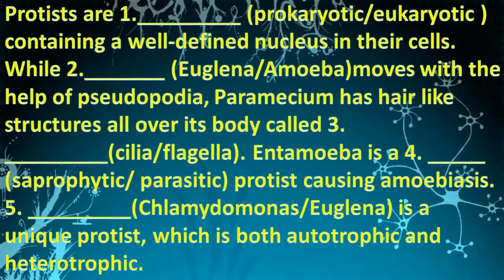Paramoecium has hair-like structures all over its body called blank 3, cilia or flagella. Entamoeba is a blank 4, saprophytic or parasitic protist causing amoebiasis. Blank 5, Chlamydomonas or Euglena is a unique protist which is both autotrophic and heterotrophic.